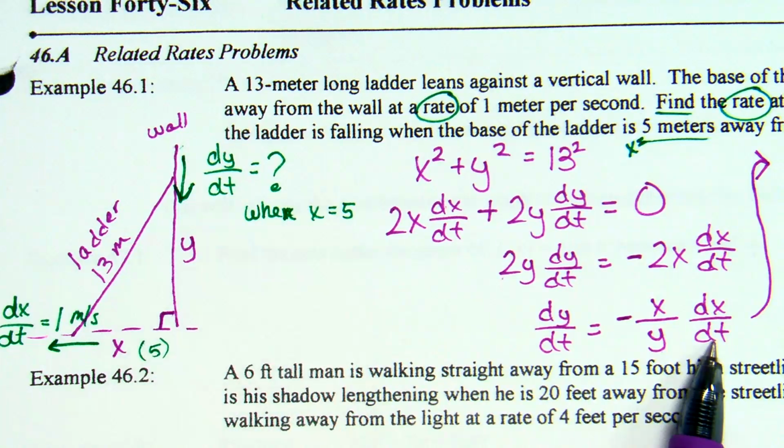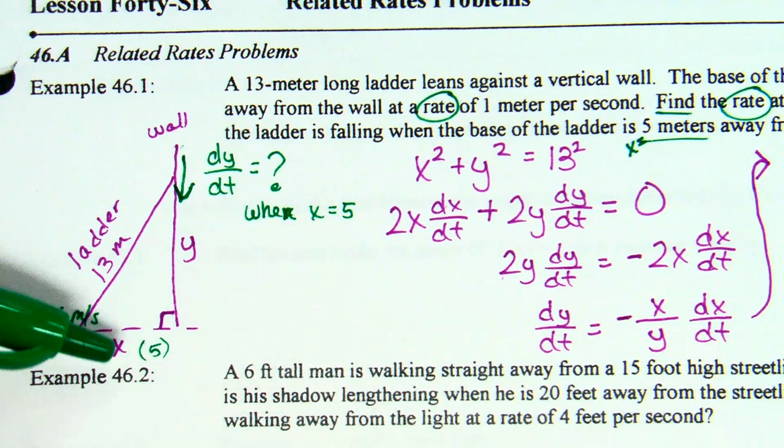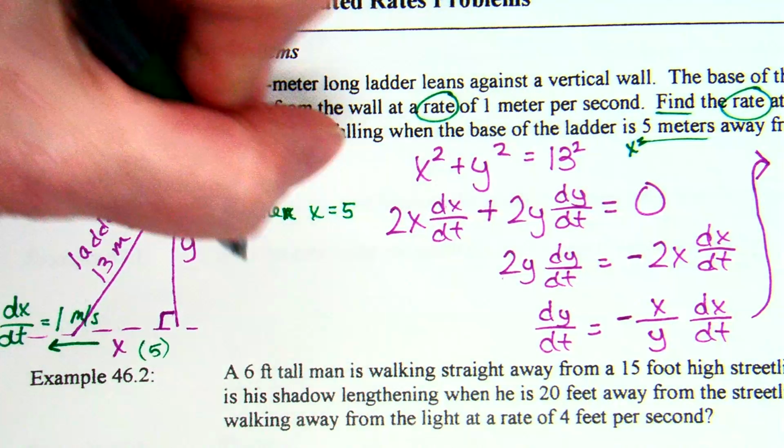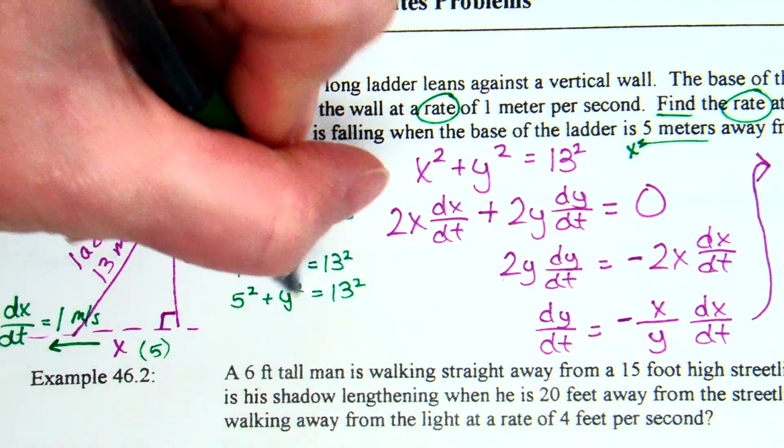So, how can I find y? Pythagorean theorem, right? The ladder is always 13. At this particular moment, we're talking when x is 5. So using your equation, x squared plus y squared equals 13 squared. So 5 squared plus y squared equals 13 squared.